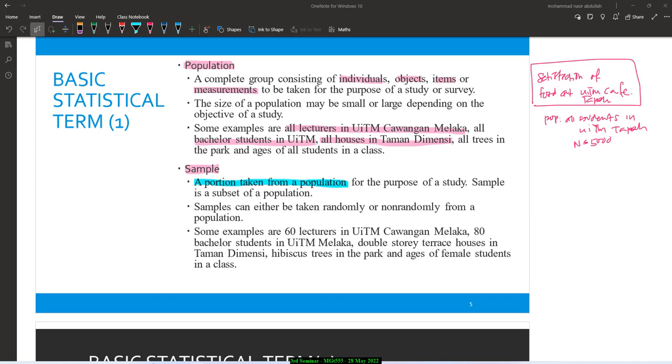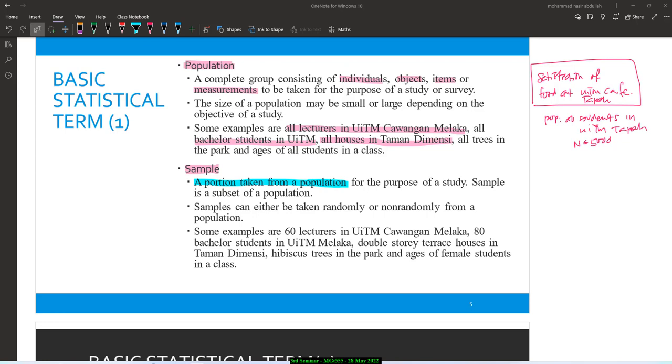And then we need to train the data collector untuk collect the data. So it will cost a lot of money, time and labor. Right. So that's why we take a portion, a sample from a population.